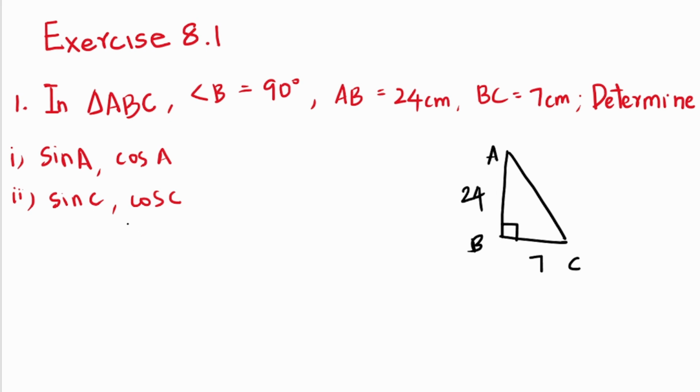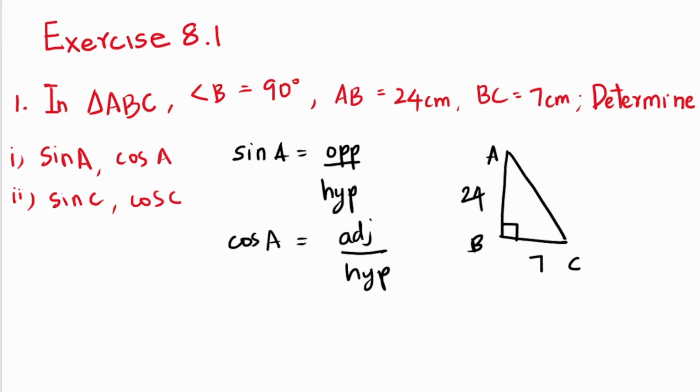In order to find sine and cos, you need to have the hypotenuse, right? Sine A formula is opposite side by hypotenuse, and cos A is adjacent side by hypotenuse, right? So for that, you need to find the hypotenuse first.